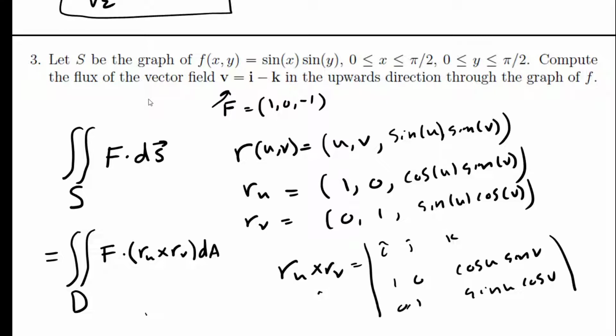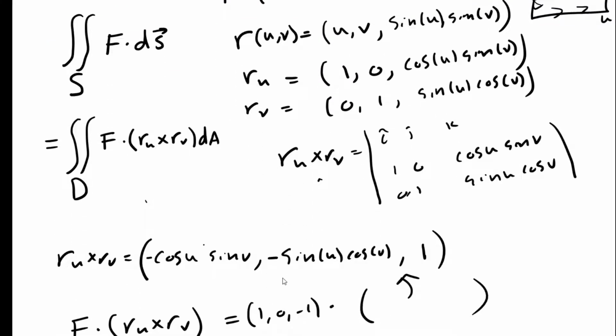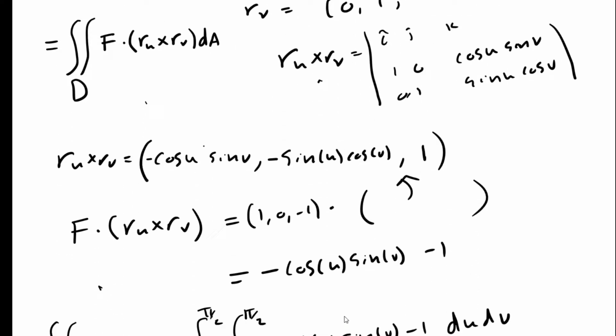We have u and v, and we want to make sure the normal I got here is pointing up. We see that the k component is positive, which means that the normal vector is indeed pointing in the positive direction. Okay, so that's fine.